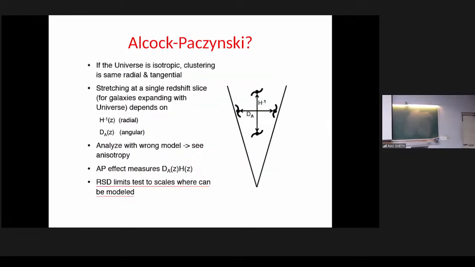We can get around the slightly circular thing as follows. This is an idea that goes back before people were thinking about video. It's called the Alcock-Paczynski test.